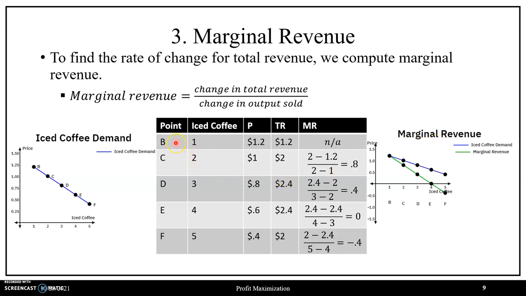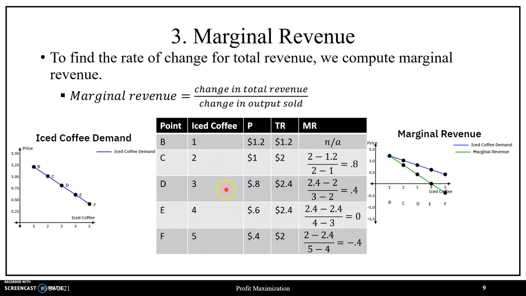So this is going to be comparing the revenue change given output sold from B to C, C to D, D to E, and E to F, where we see going from B to C, output sold changes by 1 unit, in which we see the change in total revenue is going to be a positive value of 80 cents, generating point C on our marginal revenue curve.